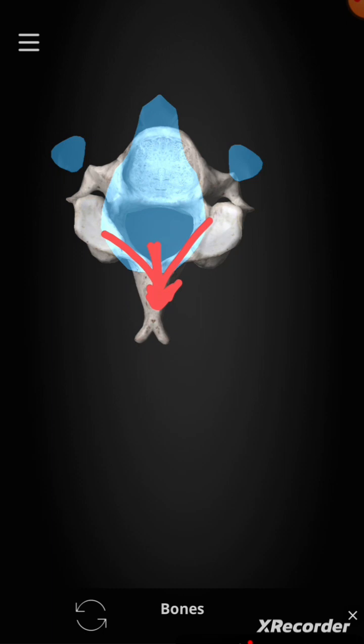I always tell you the spinous process of a cervical vertebra is bifid. Later you might have confusion, or you might forget which spinous process has a bifid tip. It is the cervical vertebra, don't forget.